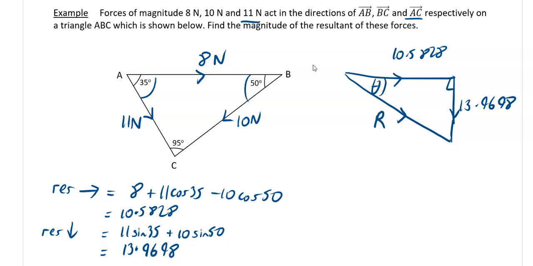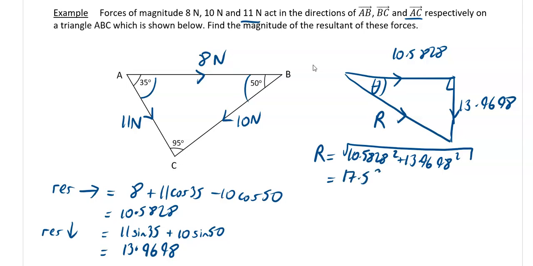To get your R again, it is just Pythagoras, so it's the square root of 10.5828 squared plus 13.9698 squared. When I put that into my calculator, I got 17.53 newtons, to 2 decimal places.